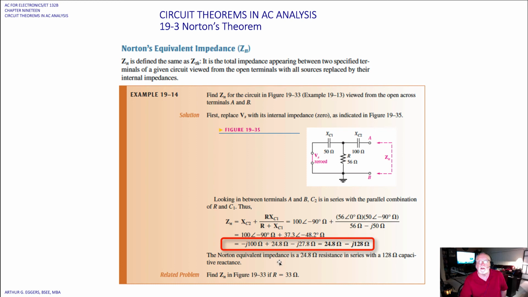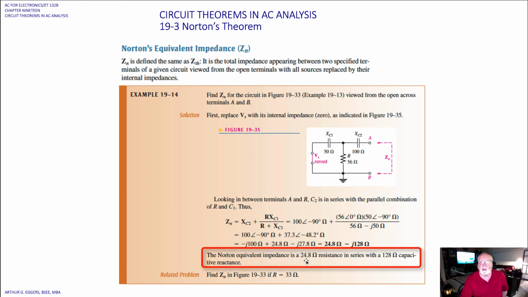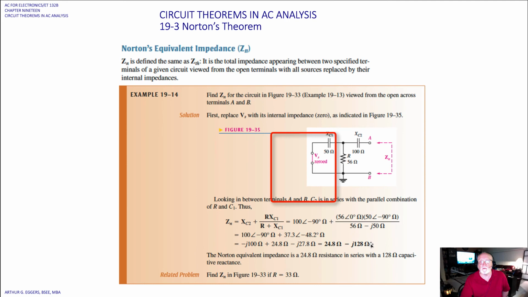So the equivalent impedance then is 24.8 ohms resistance in series with a 128 ohm capacitive reactance. Okay, so you should be able again to see these as the real part, the resistance, the minus J in this case being a 128 reactive value for that capacitor.